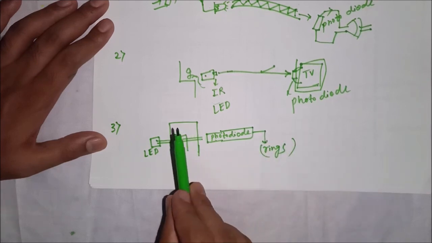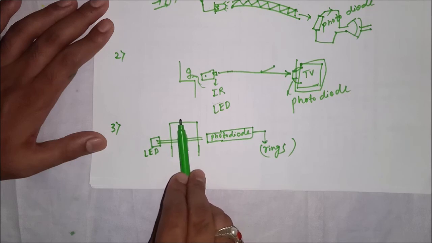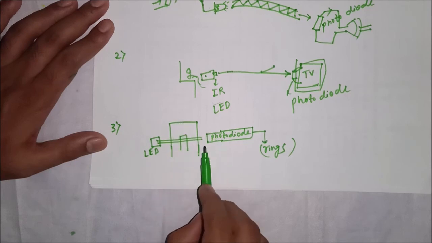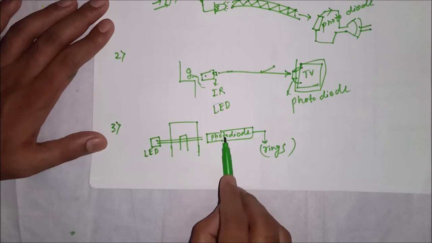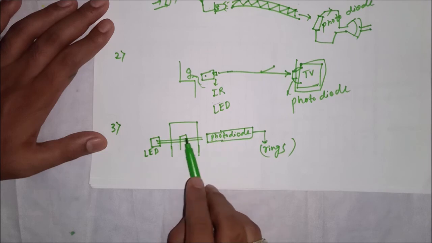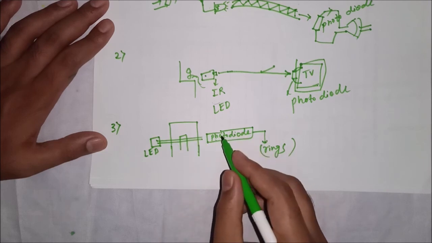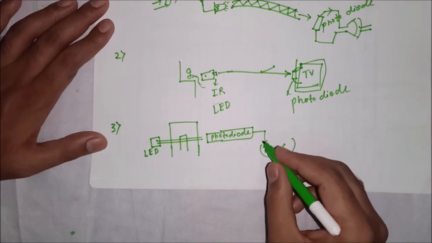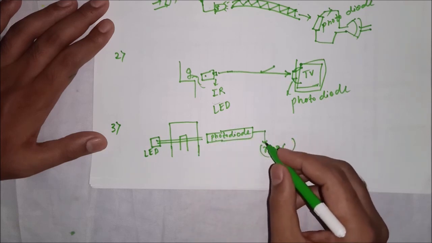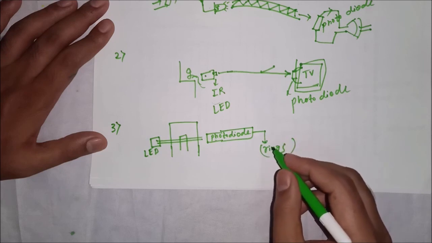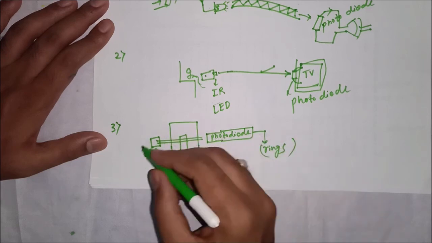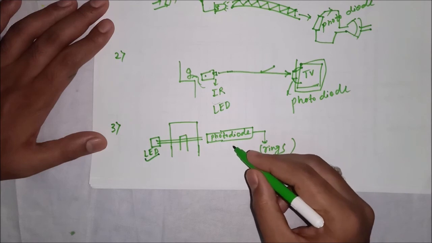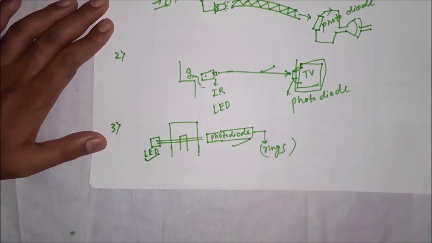So when the burglar enters, the moment he enters, there is light which is not falling on it. When light is not falling on it, there is less current flowing, and that activates the alarm. That alarm rings. This is again a common use of LED as well as photodiode. Remember.